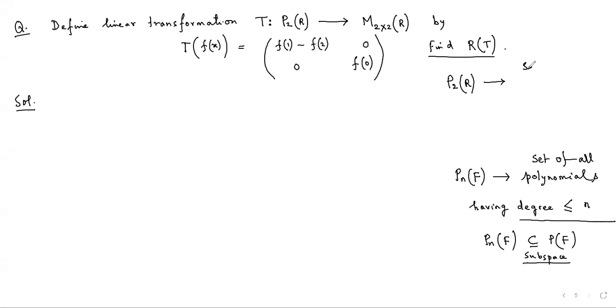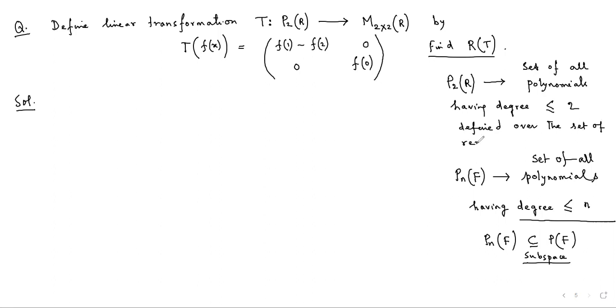So be careful about the sentences. P2R is the set of polynomials having degree less than or equal to 2, defined over the set of real numbers R. When we say that it is defined over the set of real numbers R, what do we actually mean by that?